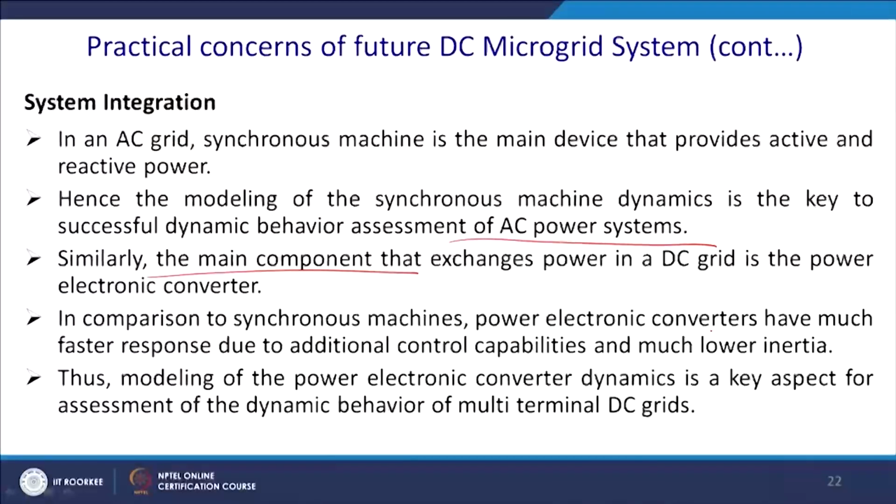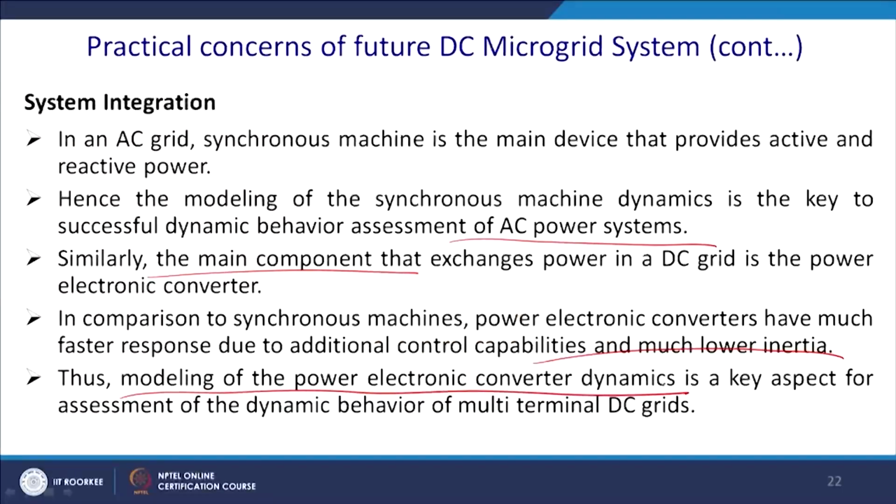Similarly, the main component that exchanges power in a DC grid is the power electronics converter. So, it has been replaced by fast switching power electronics converters. In comparison to the synchronous machine, power electronics converters have much faster response due to additional control capability and much slower inertia.